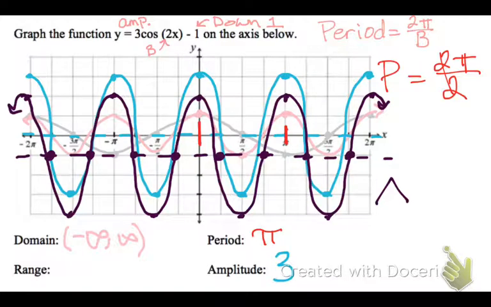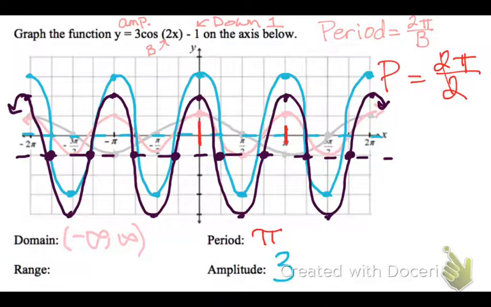So sometimes people will refer to trig functions as hills and valleys, and I think you've heard me say that before. So we're going up to a hill and down to a valley. There is nothing sharp about these trig graphs. So we don't want to do that. We want to make them nice hills and valleys.